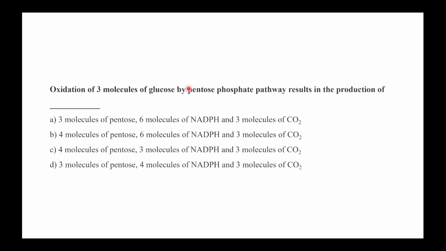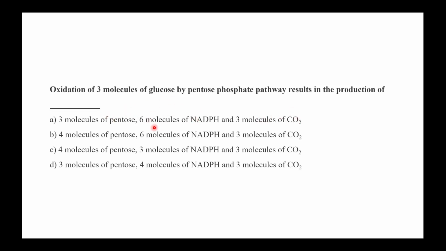So that means 5 carbon in each sugar. So 15 by 5 is 3. So that means we have 3 molecules of pentose, 3 molecules of CO2. So if you calculate the number of carbons, 3 molecules of pentose, that means 5 threes are 15, plus 3 molecules of CO2, that is 15 plus 3, 18. So 3 molecules of glucose are leading to 3 molecules of pentose and 3 molecules of CO2.